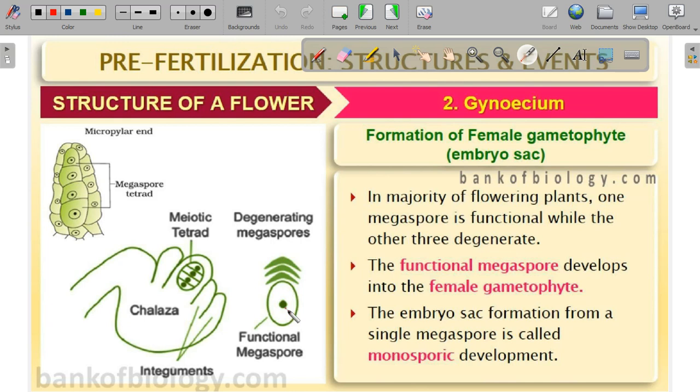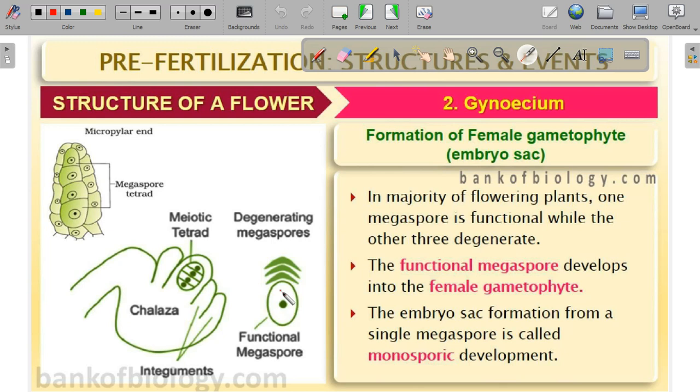The matured embryo sac, which is seven celled, actually eight nucleate, is not developed from all four megaspores. Three have been degenerated and one has become functional. That functional megaspore develops into the seven-celled, eight nucleate embryo sac.